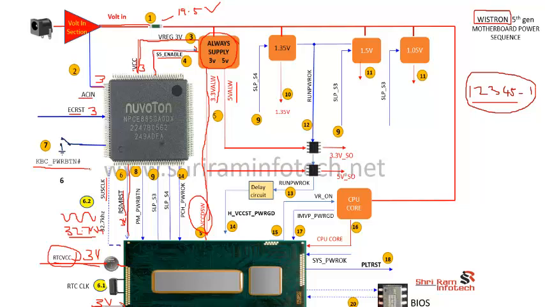This is the primary power button which the user presses, and here is 3 volts. But when we press it, the 3 volts goes to 0, and when we release that button, it comes back to 3. That means a 3-0-3 pulse will be generated at step number 7.